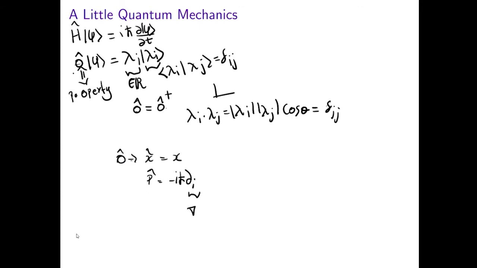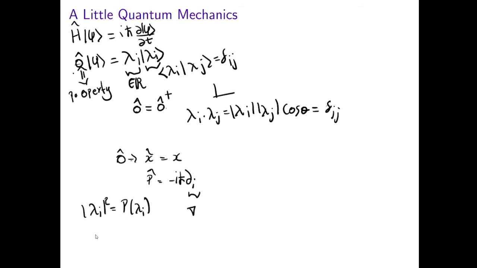A very interesting thing in quantum mechanics is that things are probabilistic, and this absolute squared of psi can tell us the probability of us observing lambda. This is called Born's rule, or Born's postulate.